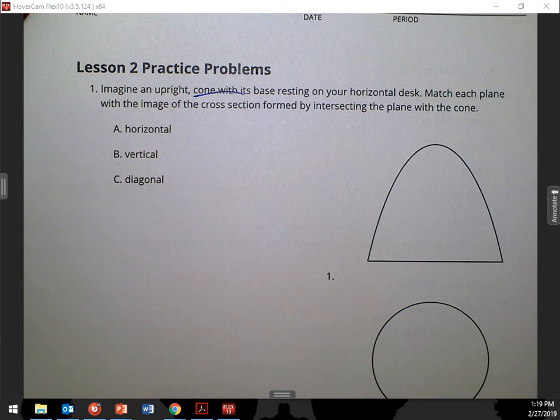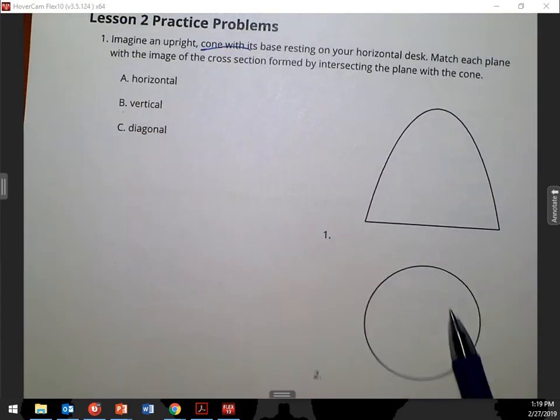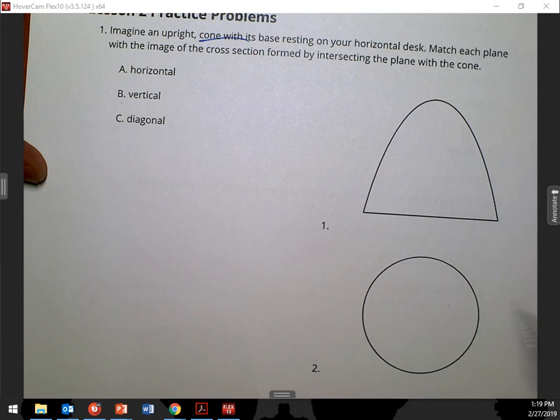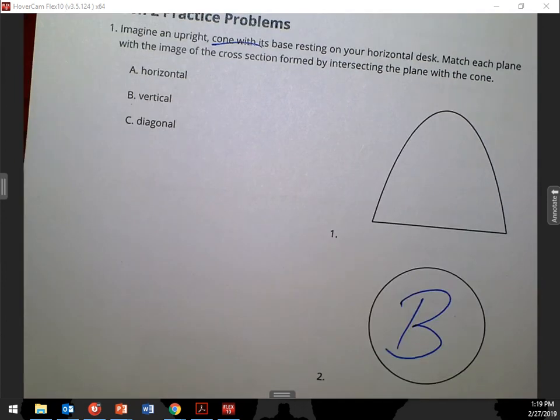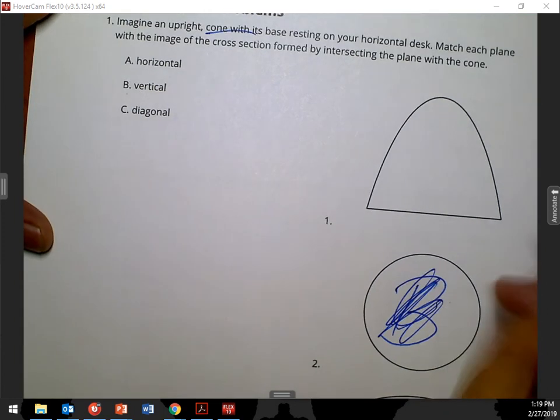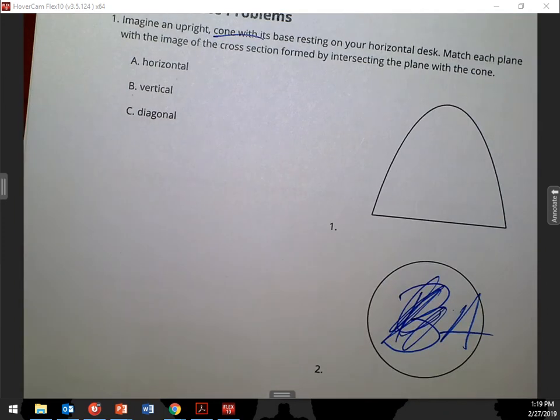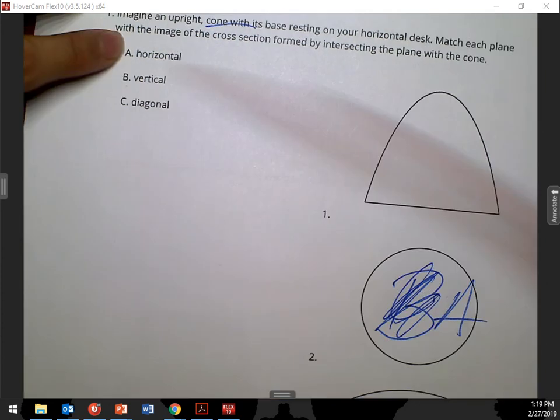Okay, good. So that is a horizontal line. So when I had the cone resting on my desk and I chopped off the top of it, what shape did it make? I made a circle, right? So this is my B. Oh wait, sorry, A. That's going to be A.